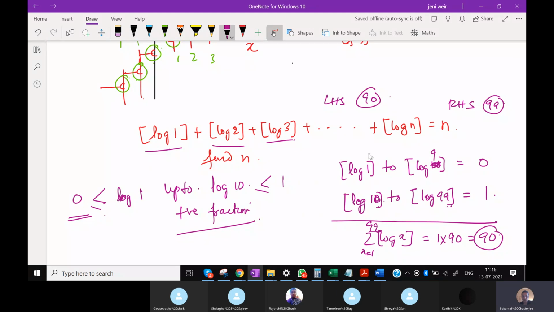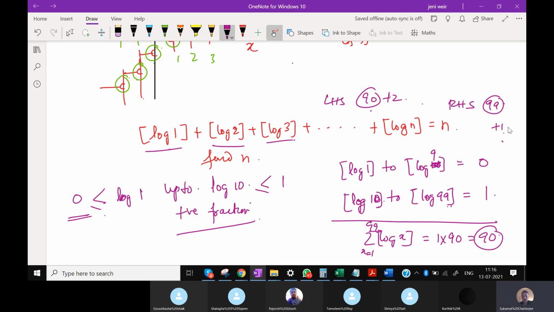So the next number would be 100, and the left-hand side will increase by plus 2. The right-hand side will increase by plus 1. So by how much should the left-hand side increase to match the right-hand side?